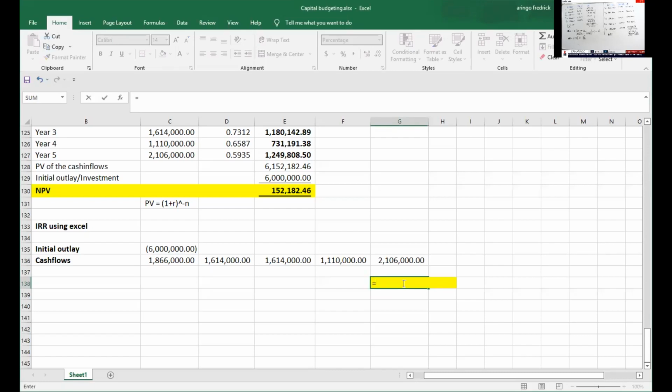Then I'm having IRR. Then of course, open bracket. I select my figures from the initial outlay, which is a negative. I just select our figures, then we close our bracket, then equal sign. As simple as that. That should give us our IRR using Excel.